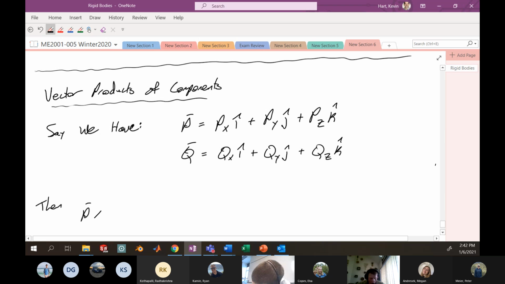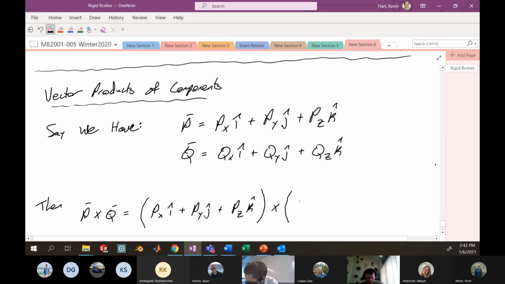Then we have P crossed with Q, which is a little bit of gobbledygook, but Px i plus Py j plus Pz k crossed with Qx i plus Qy j plus Qz k.